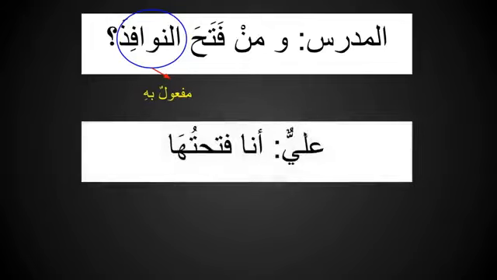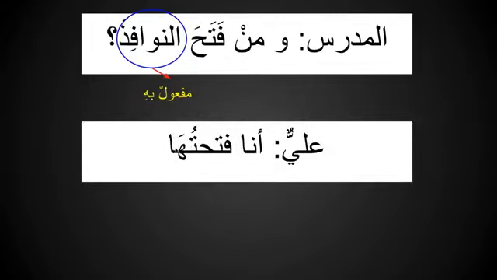So al-mudarris says: wa man fataha an-nawafidha? Say, nawafidh is the plural of nafidhatun, which is window. So: who opened the windows? It's a plural. Here we should understand this jam' ghayr aqil, which follows the rule kullu jam' muannath. So the response will be, with an-nawafidh as the maf'ulun bihi: ana fatahtuha.